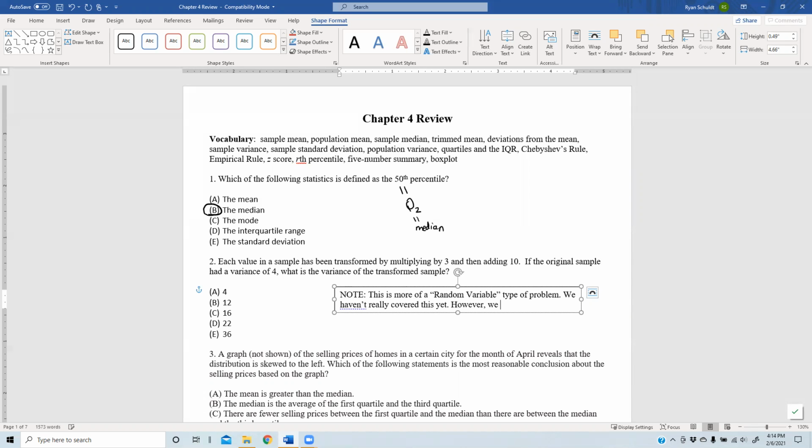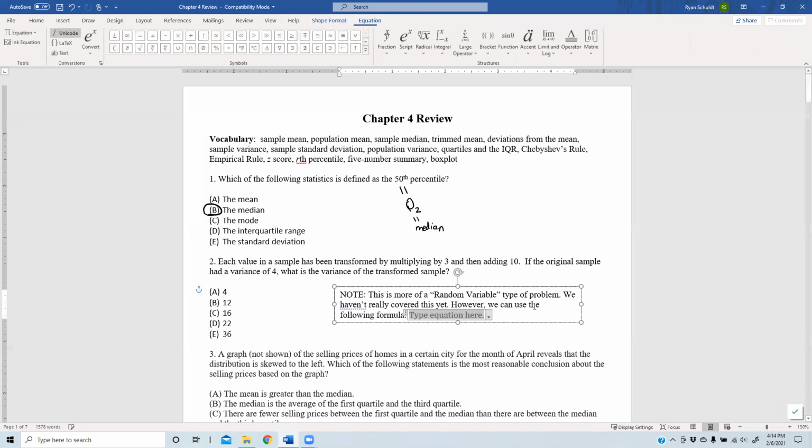However, we can use the following formula. The variance of ax plus b is equal to a squared times the variance of x.